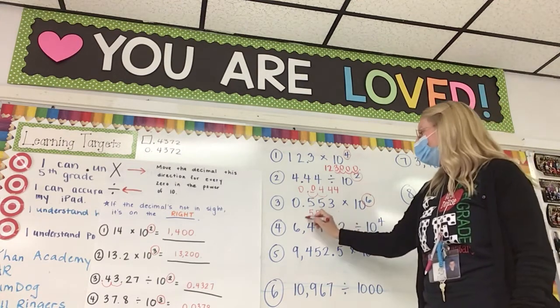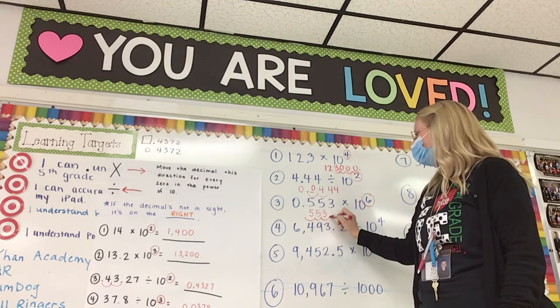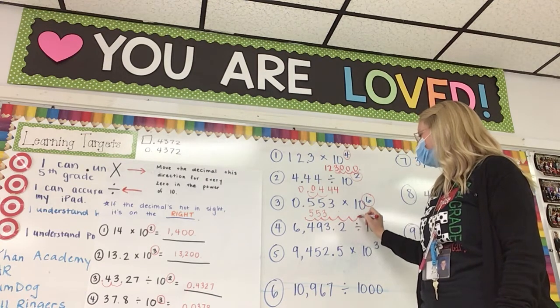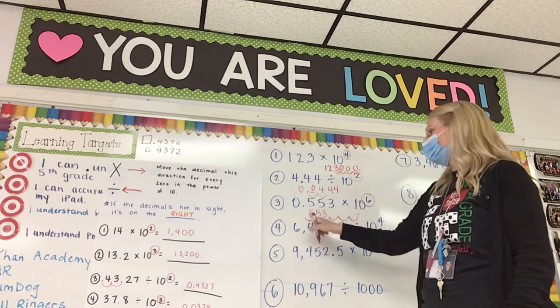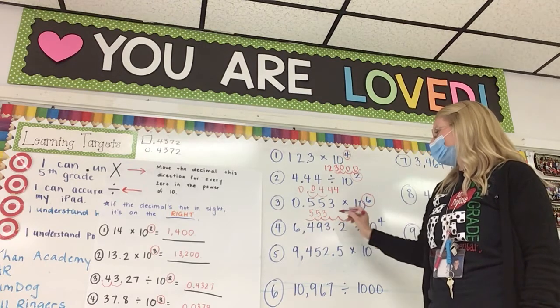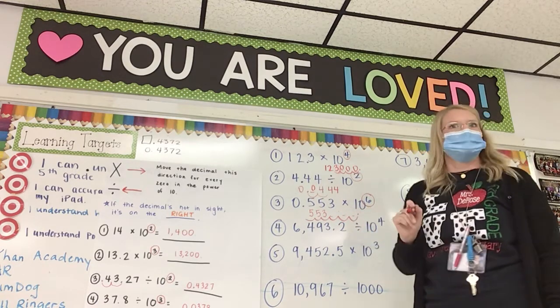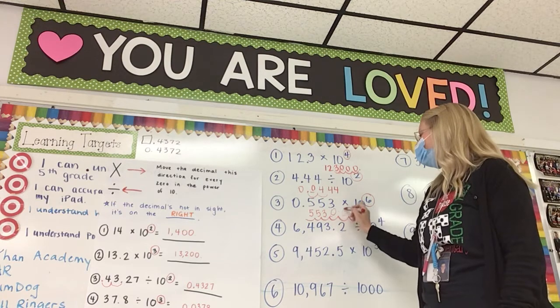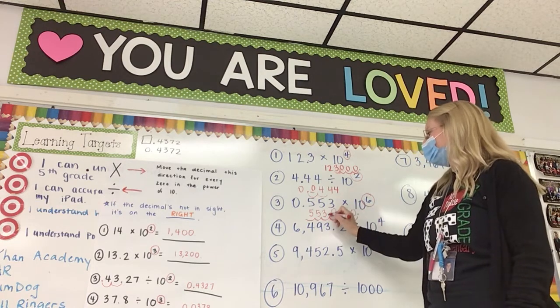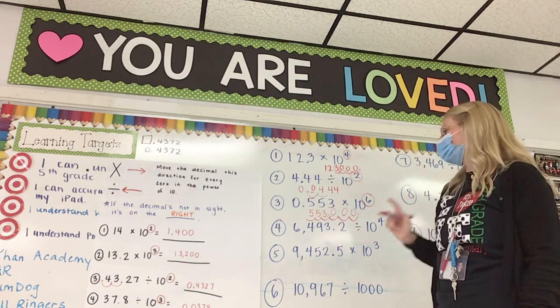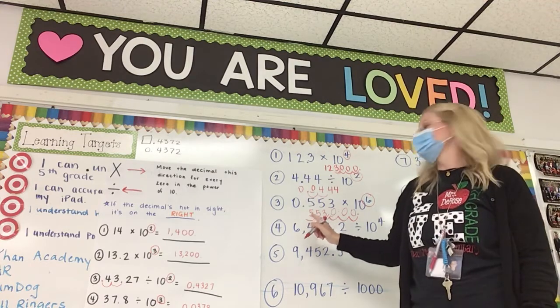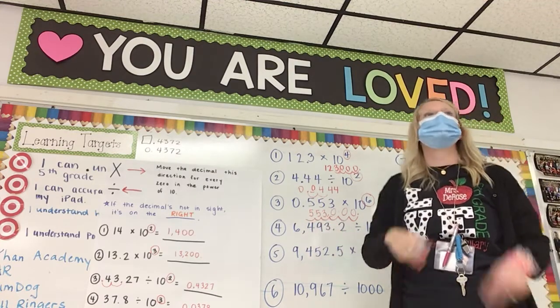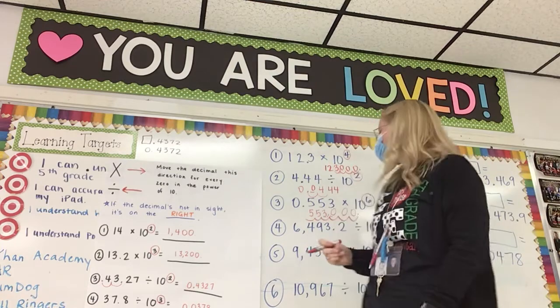So I'm going to move it 1, 2, 3, 4, 5, 6. This is where my new decimal point is, so I'm taking it off there. So what am I filling in right here? Zeros. So I'm going to put my commas here as a placeholder. So my new answer is 553,000.